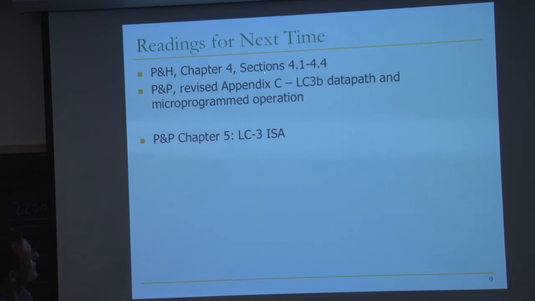And we will cover LC3B. This is the Patt and Patel book. It has a revised Appendix C that talks about the operation of the microarchitecture of the LC3B. And this is the LC3 ISA. Actually, we should have an Appendix A, right? Maybe I should change this.